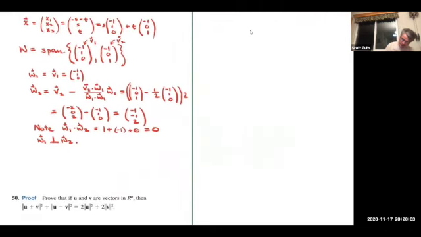So let's let U1 be W1 over its magnitude. So W1 was the -1, 1, 0. And its magnitude is the square root of 2 if you check.